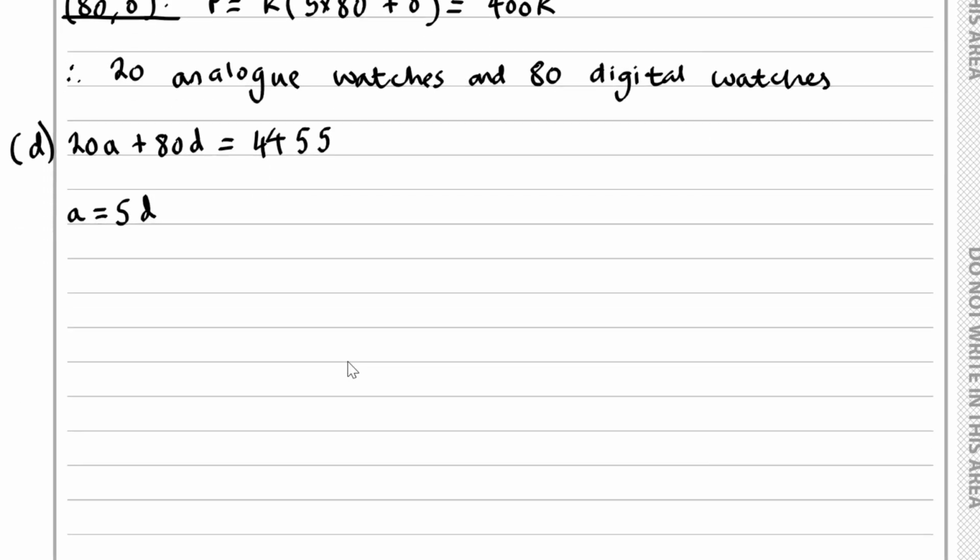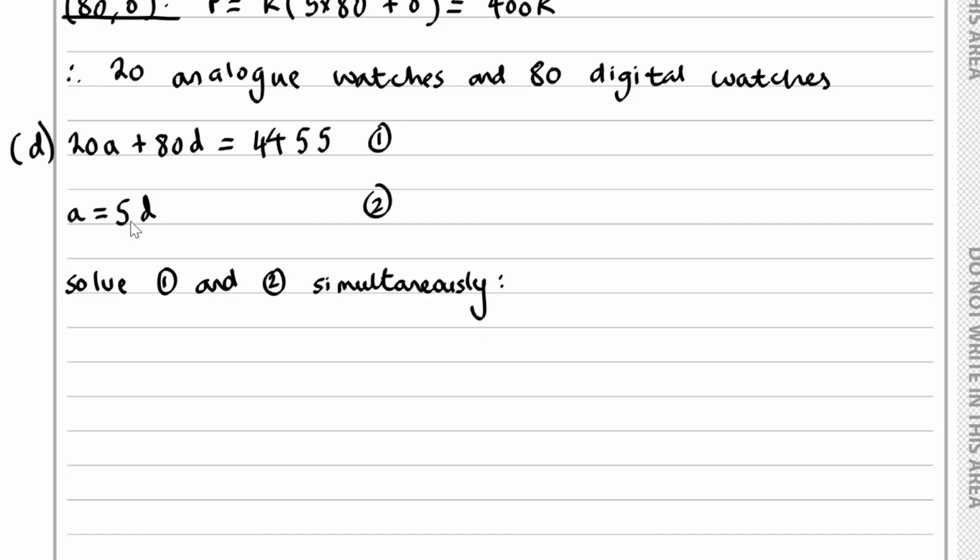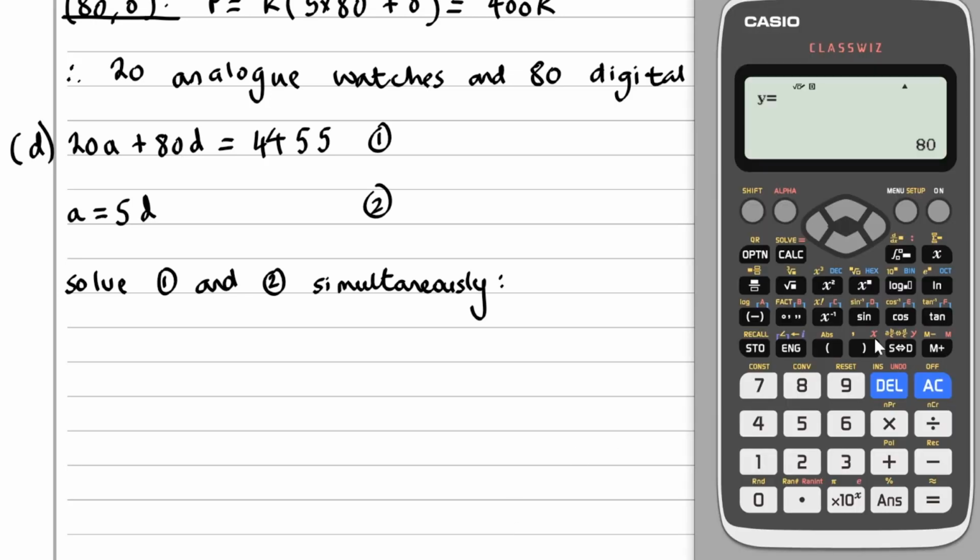If I call these equation 1 and 2, we now solve equation 1 and equation 2 simultaneously, so let's grab our calculator. We have 20A plus 80D equals 4455, and then A minus 5D equals 0.